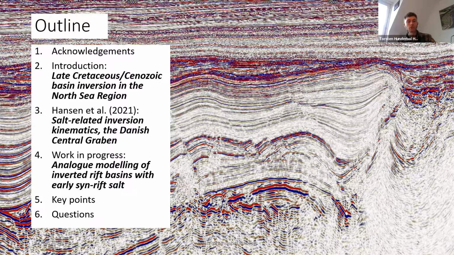Then I'm going to zoom into the Danish Central Graben and show you results from our 2021 paper. And after that, I'm going to talk about analog sandbox models of inverted rift basins. We're going to end off with some key points, and hopefully there'll be some time for questions after that.